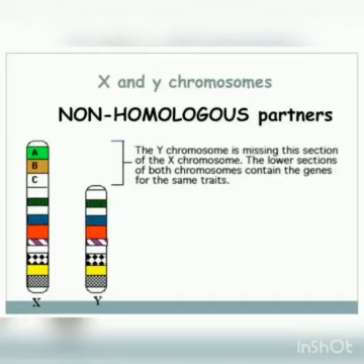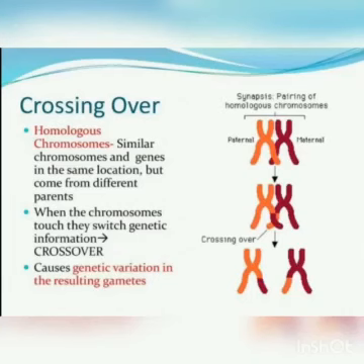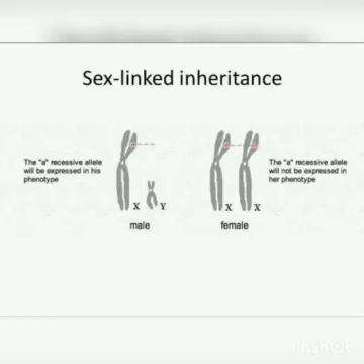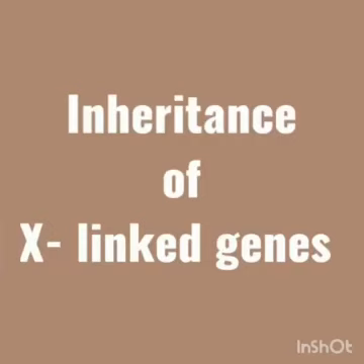The X-linked and Y-linked genes in the differential region, that is the non-homologous region of a chromosome, do not undergo pairing or crossing over during meiosis. So the inheritance of X or Y-linked genes is called sex-linked inheritance because X and Y are sex chromosomes.